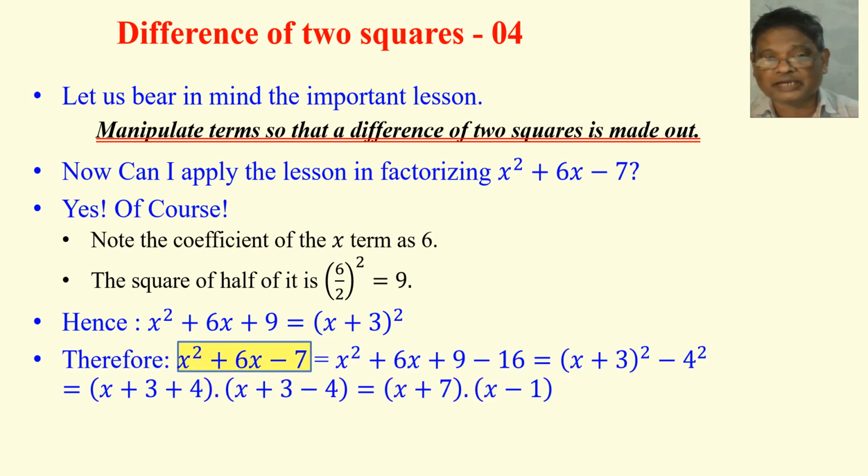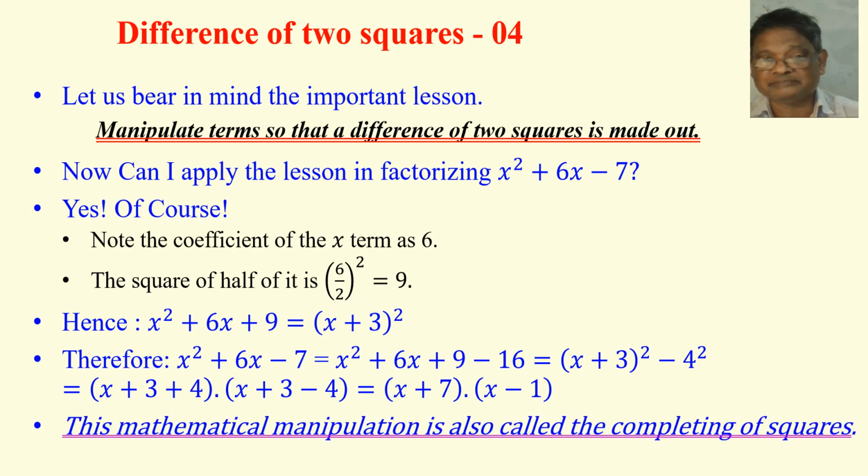Therefore, x squared plus 6x minus 7 is equal to x squared plus 6x plus 9 minus 16, which in turn is equal to (x plus 3) whole thing squared minus 4 squared, and that is equal to (x plus 3 plus 4) into (x plus 3 minus 4), which is (x plus 7) into (x minus 1). This mathematical manipulation is called the completing of squares.